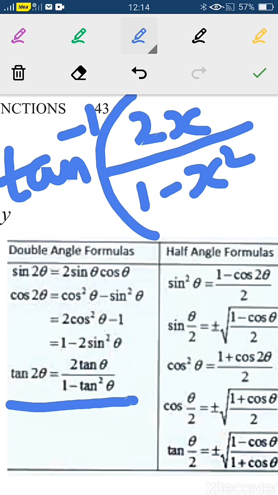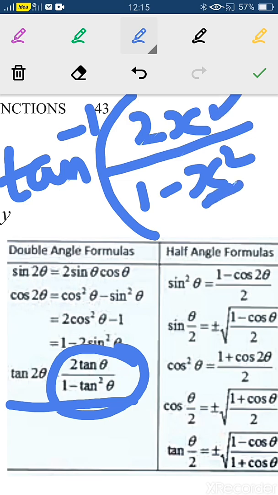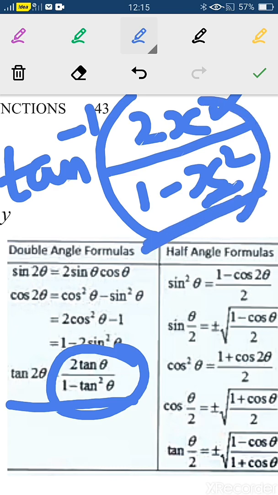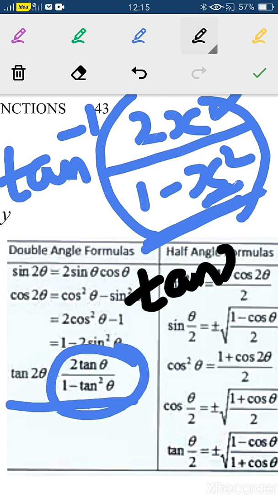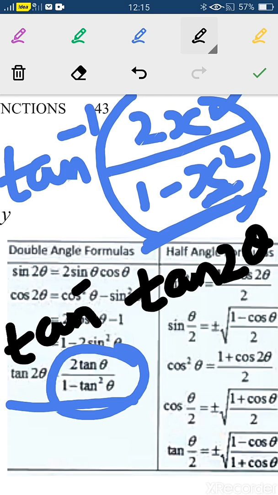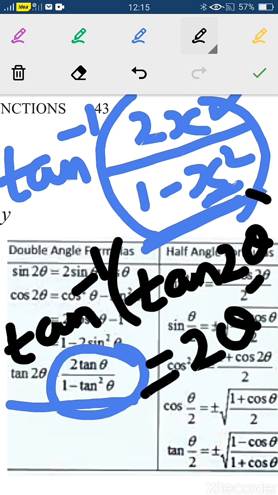So you know that if you have 2 tan theta upon 1 minus tan square theta, once you put this x as tan theta, this function will become tan 2 theta, right? And outside there is tan inverse, so this will become 2 theta.